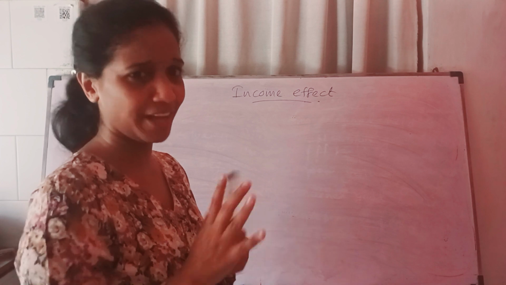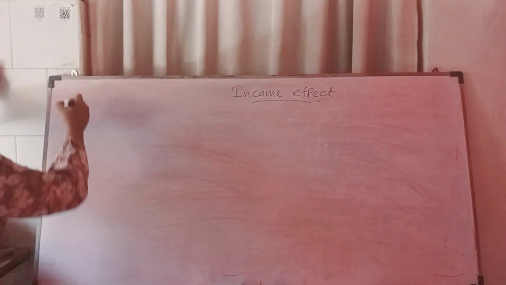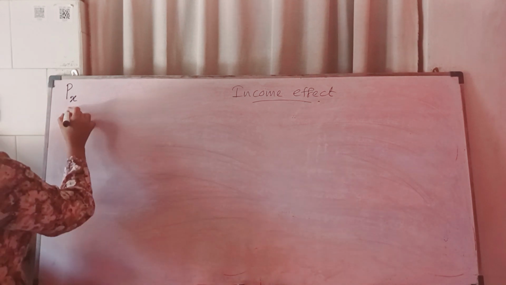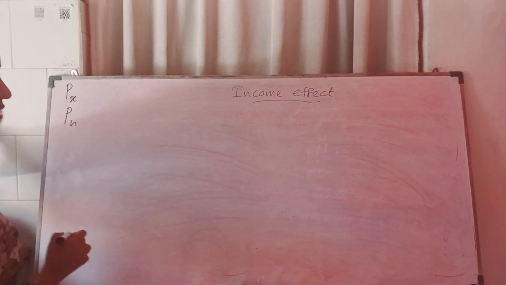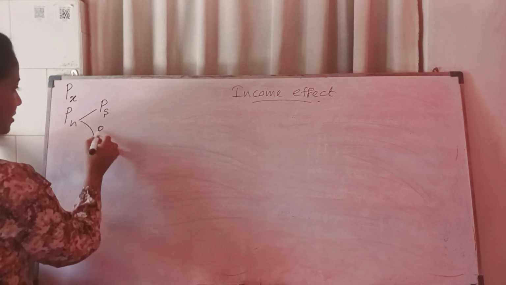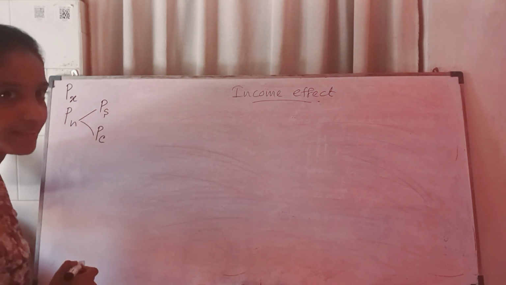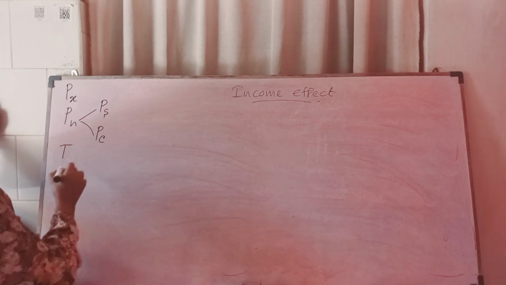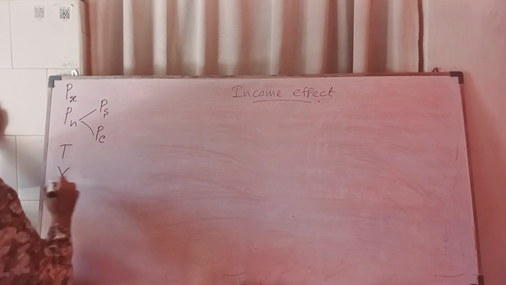Can you remember? We have already discussed the price of the concerned good, PX, the price of other related goods, which means the price of substitute goods and the price of complementary goods, right? Then consumer taste, consumer nominal income.